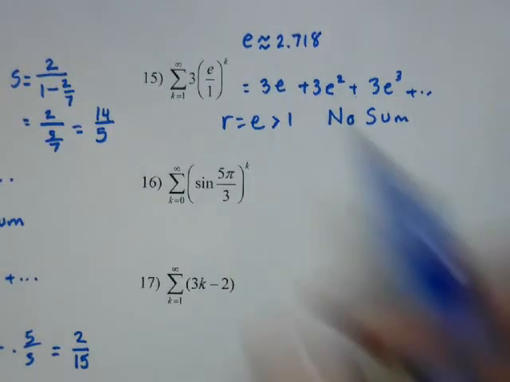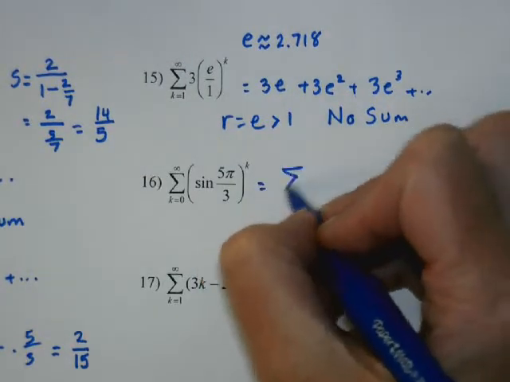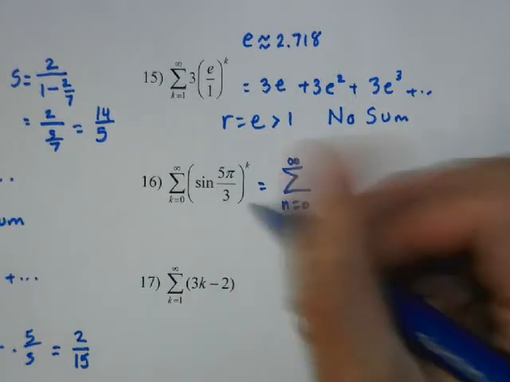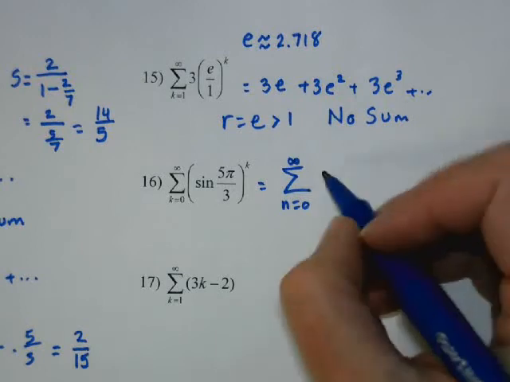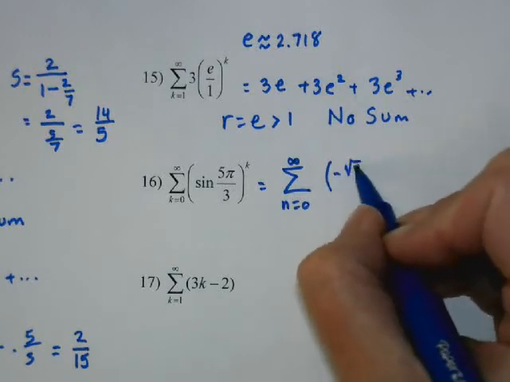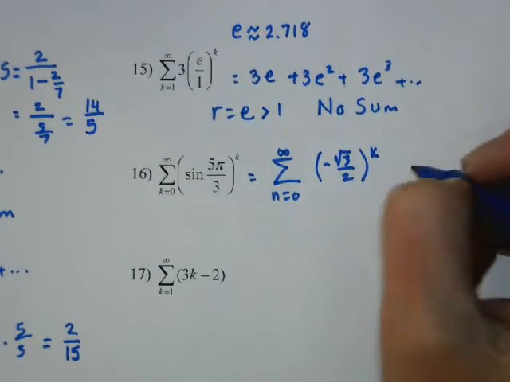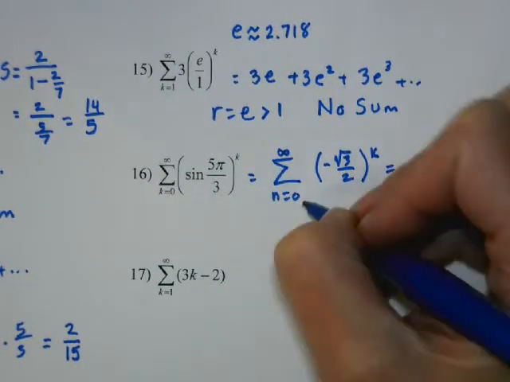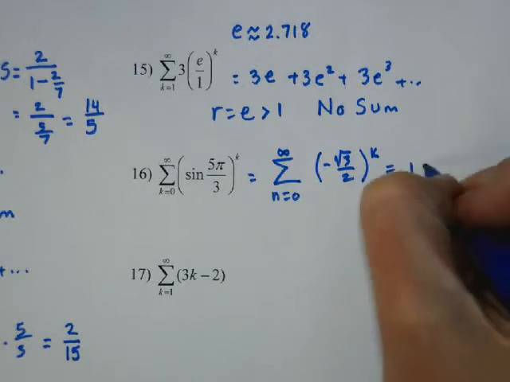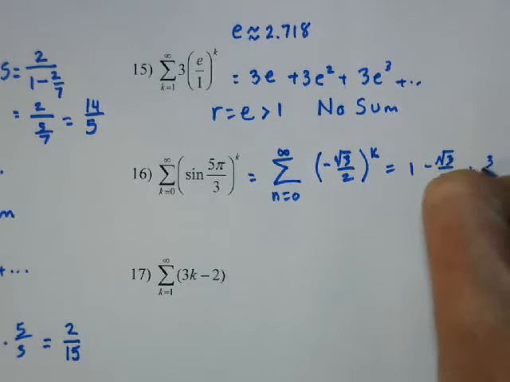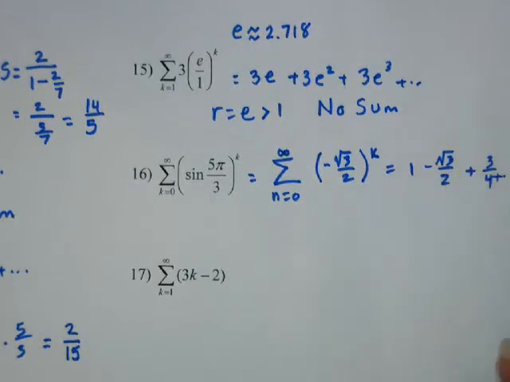Okay, this next one, sine of 5 pi over 3 is just on our unit circle. So if I go to the y value at 5 pi over 3, that's going to be a -√3 over 2. So this series, if I plug in 0, is going to be 1, then we'll have a -√3 over 2, plus a 3 over 4, and so on.